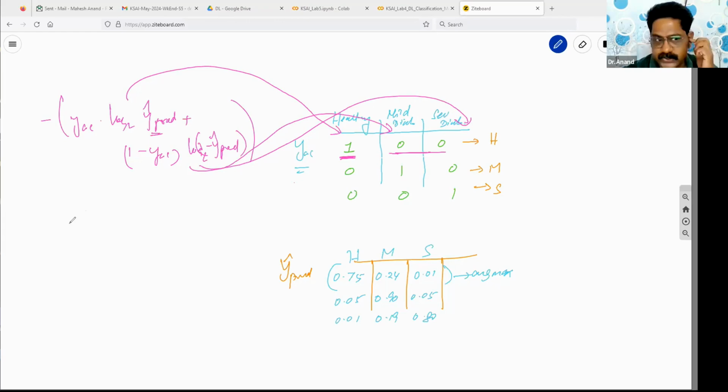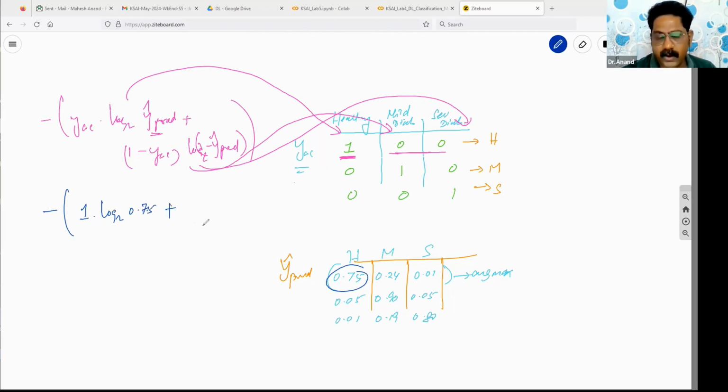Okay, let me do the substitution. So minus of, y actual, because this y cap pred always refers to the positive class. Here it is the hot node. What is the probability? 0.75, so 1 time log base 2, 0.75.